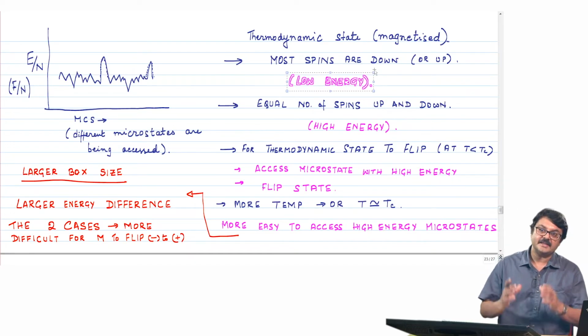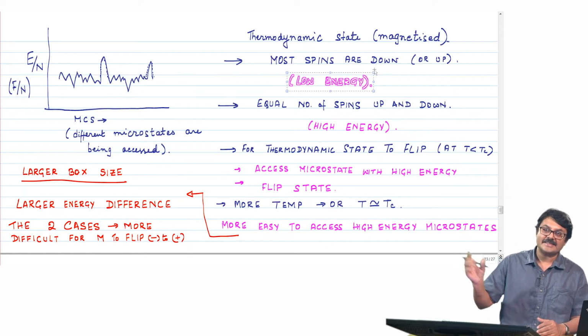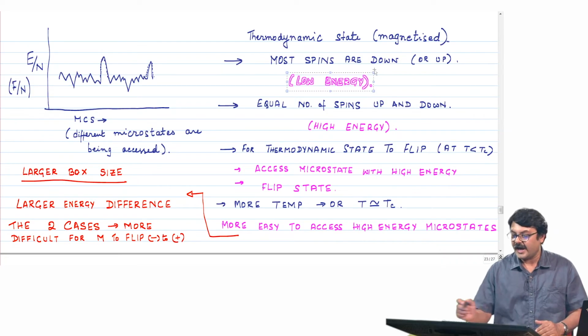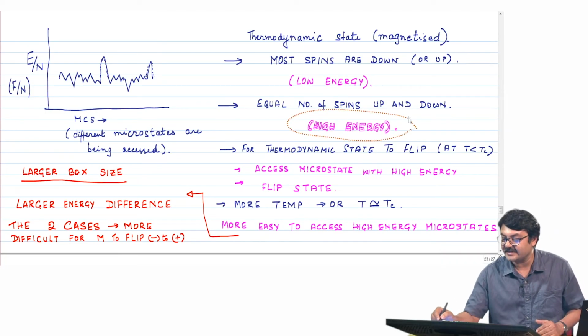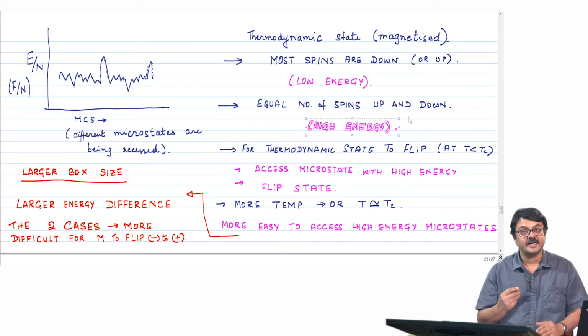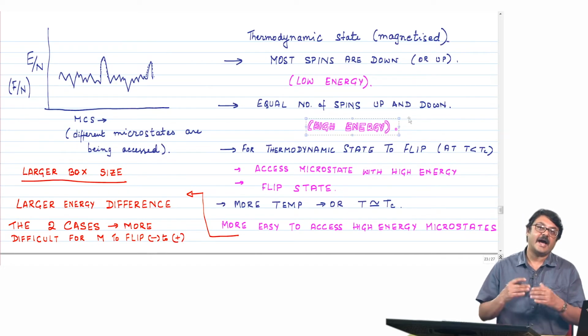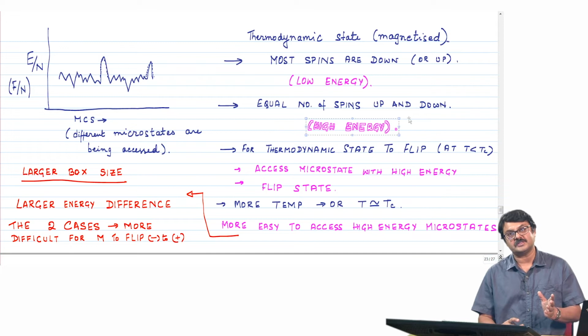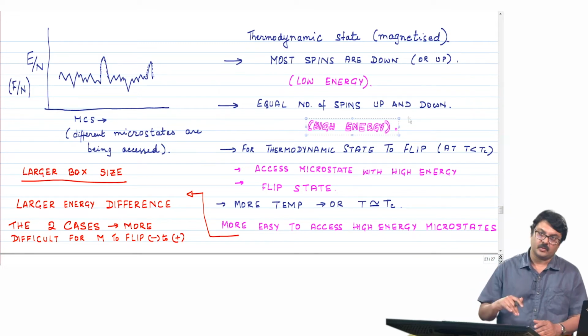Now, once in a while this system can access energy from the external heat bath, which we have not directly modeled, and it can access high energy microstates. When it goes to really high energies, relatively speaking, you could have a microstate where approximately equal numbers of spins point up and down.